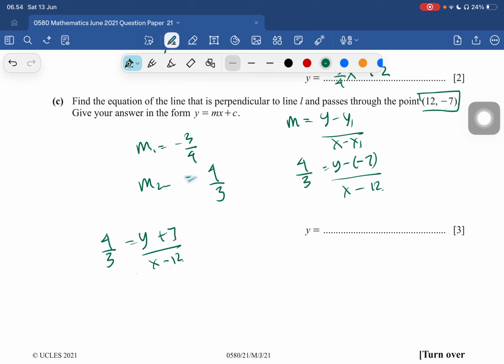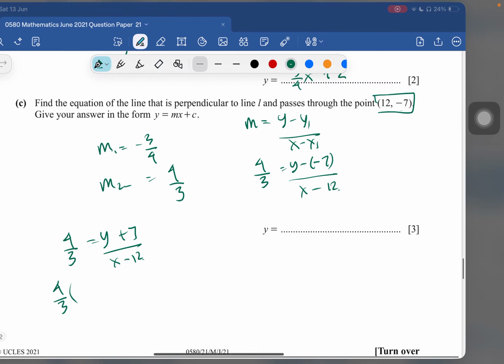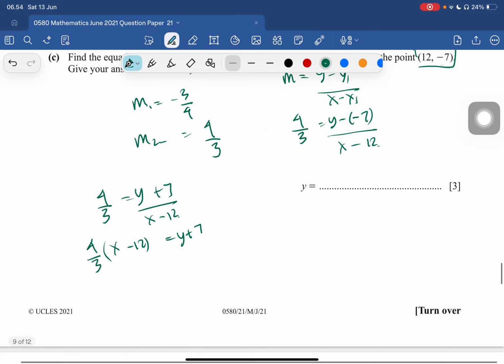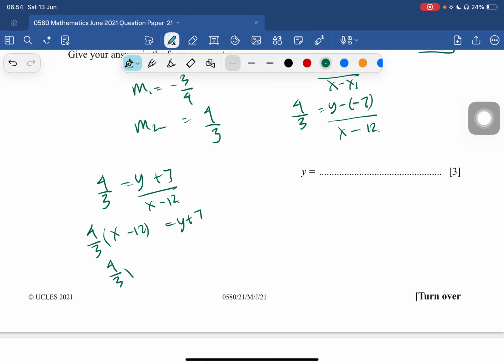We multiply: 4 over 3 times x minus 12 equals y plus 7. So 4 over 3 x minus 16 equals y plus 7. We subtract 7 from both sides. So y equals 4 over 3 x minus 23.